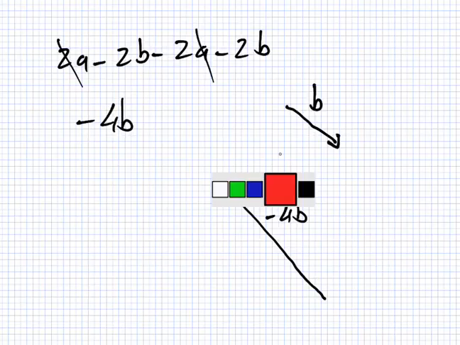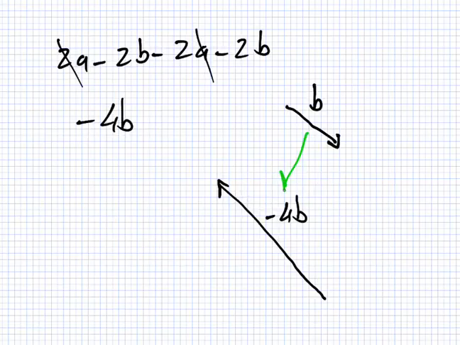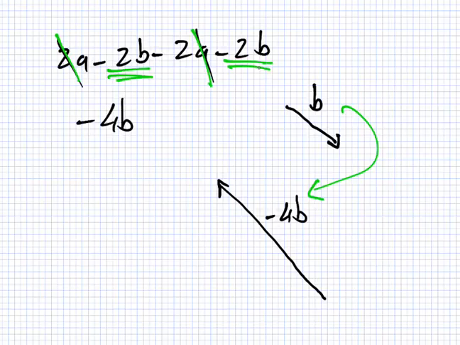Unhappy? Very unhappy? If this is b, then this one here is minus 4b. So Yusra, what I was saying with this one is we can cancel the 2a and the minus 2a like algebra, and then minus 2b and minus 2b is minus 4b.